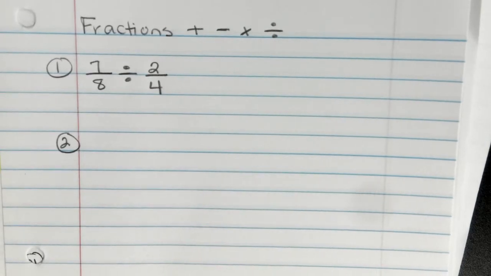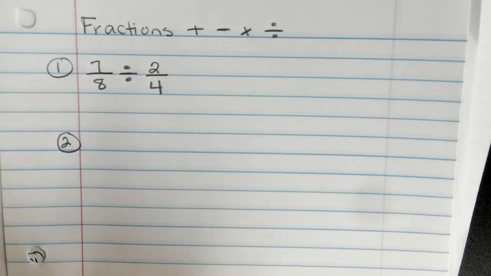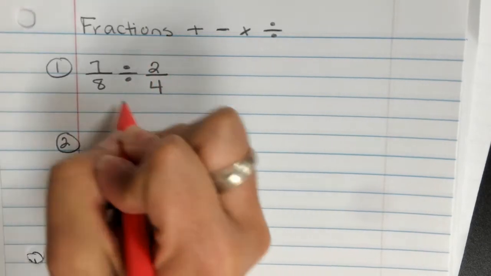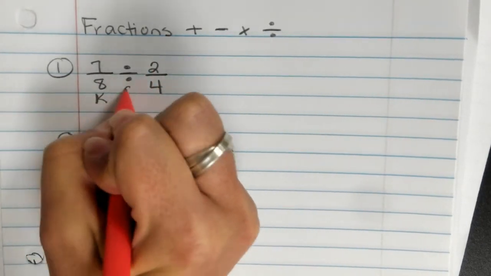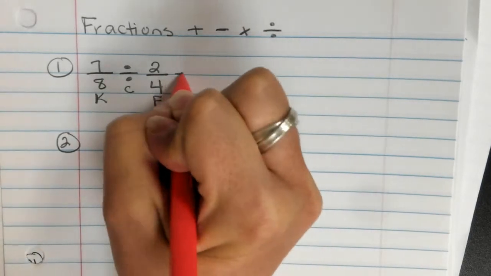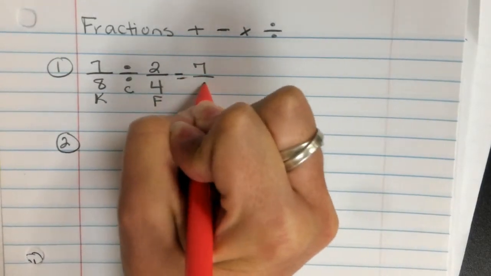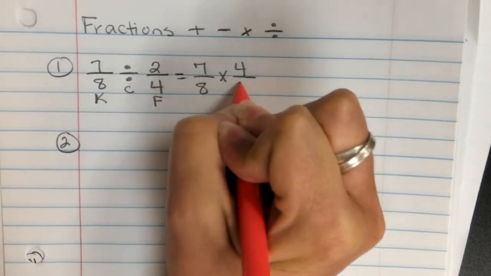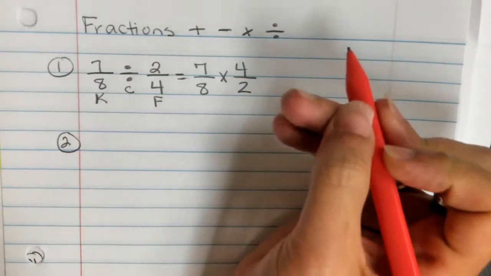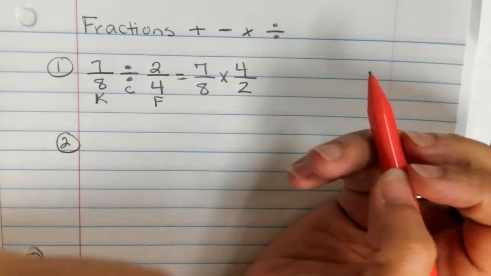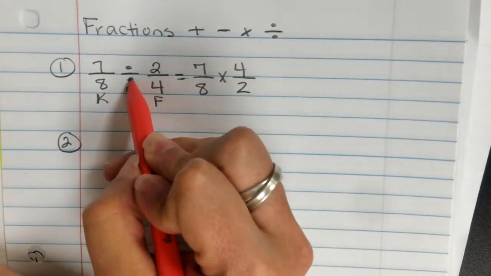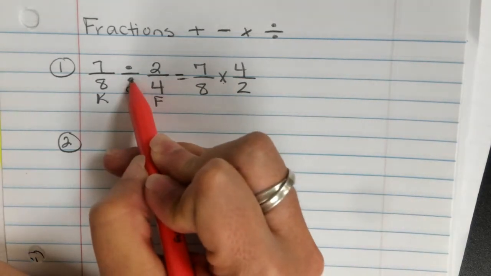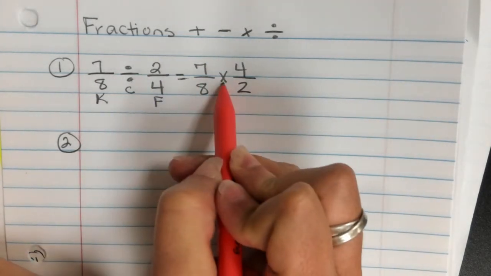So the first thing we got to remember is, on division, you would get rid of any whole numbers and then keep, change, flip. Whatever order they're in, we would change it to multiply and flip it over to 4 over 2. Because on division we don't divide fractions, we change them to multiply.